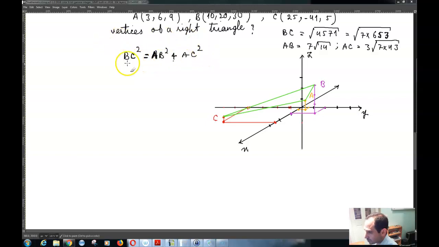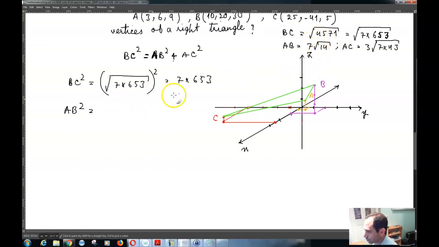So now let's check what these values are. BC squared is equal to the square root of 7 times 653 whole squared, which is equal to 7 times 653. AB squared is equal to 7 square root of 14 whole squared, which is equal to 49 times 14.